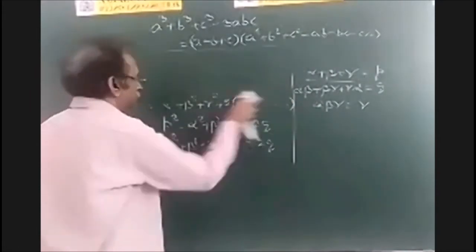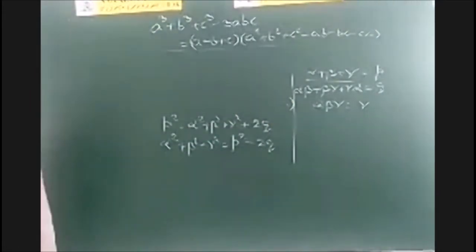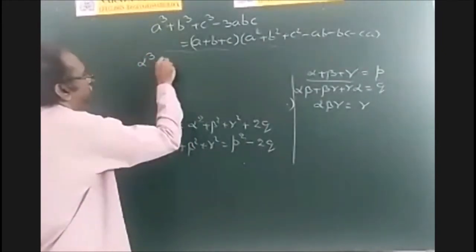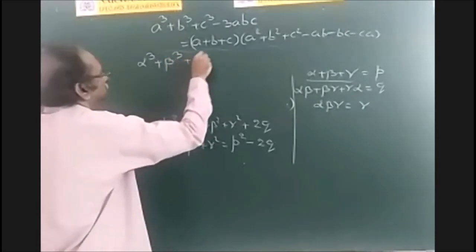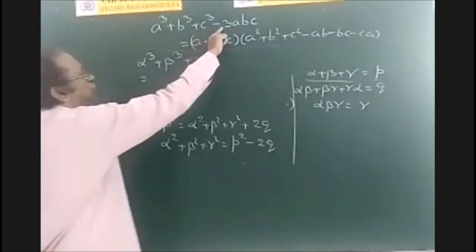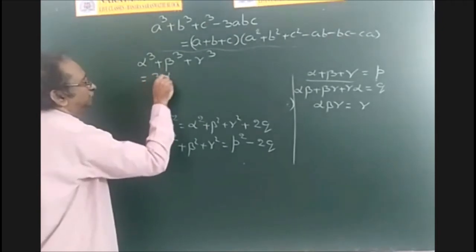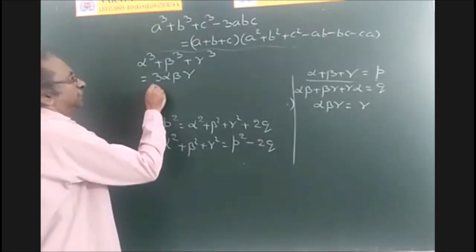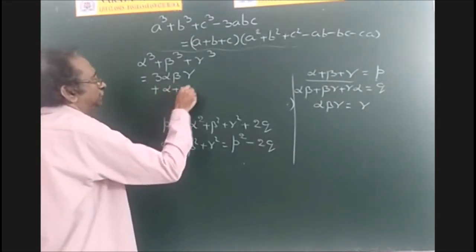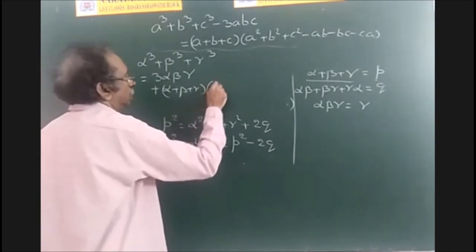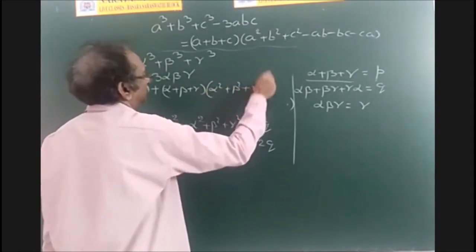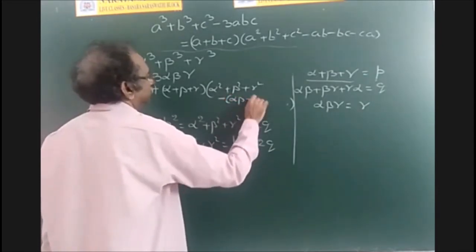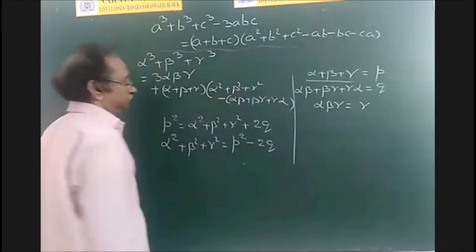Alpha cube plus beta cube plus gamma cube. Isn't it? So from this, alpha cube plus beta cube plus gamma cube is equal to, moving the minus 3 alpha beta gamma across, plus 3 alpha beta gamma plus alpha plus beta plus gamma into alpha square plus beta square plus gamma square minus alpha beta plus beta gamma plus gamma alpha.